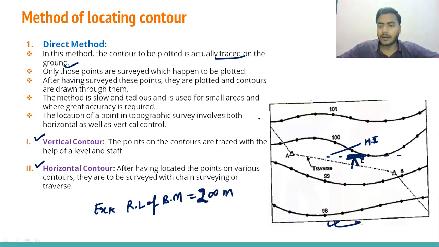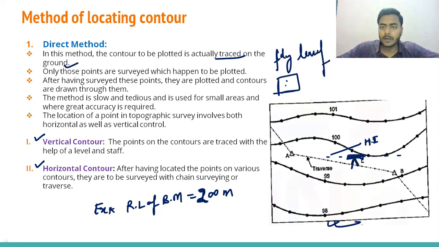We can take a benchmark, some fixed reference point; if the benchmark is far from this field, by using fly leveling we can transfer that level to near this ground. Suppose the RL of the benchmark we get after fly leveling is 200 meters.